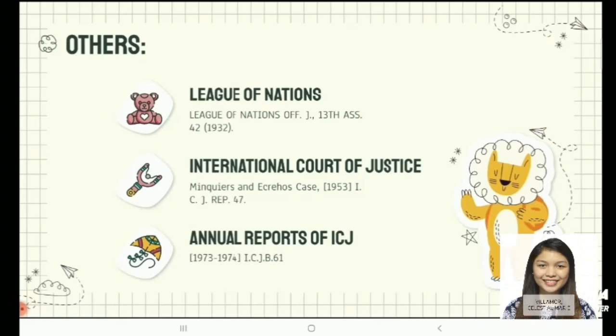We also have the International Court of Justice or the World Court. Publications of the International Court of Justice are cited by indicating the year of the report in brackets after the name of the case, abbreviated from the report, and the page.